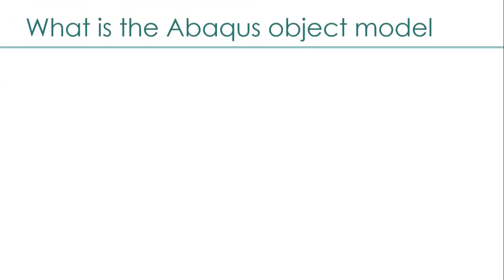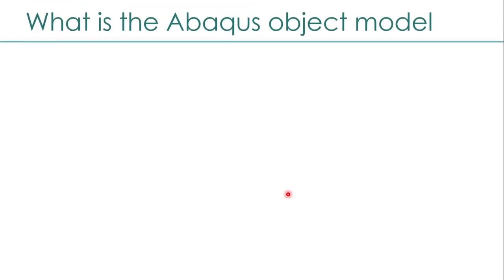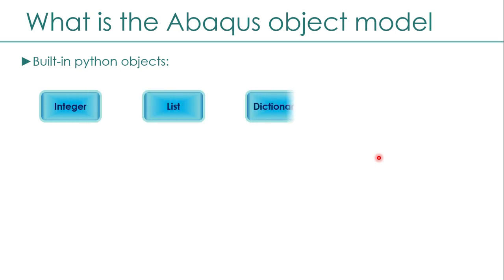So first we will see what is the Abaqus object model. In the last lecture we saw what an object basically is, and we know about objects now. So let's see what default, built-in Python objects are available. These are some examples: we have integer as an object, list object, dictionary object, array object, float object, string object.